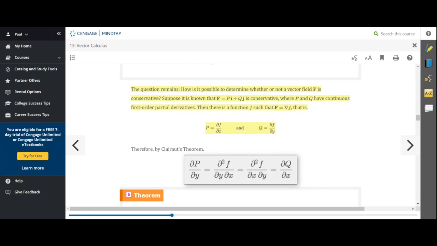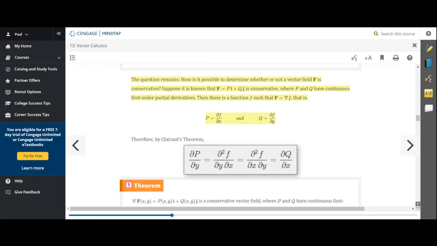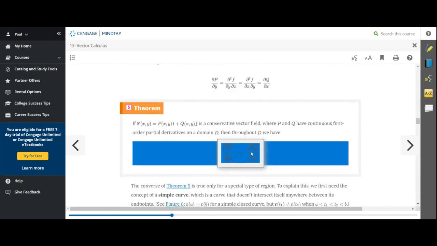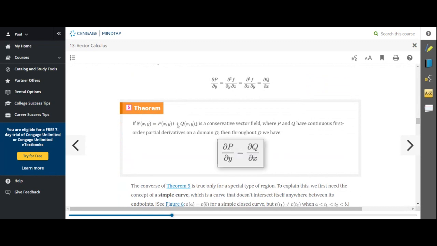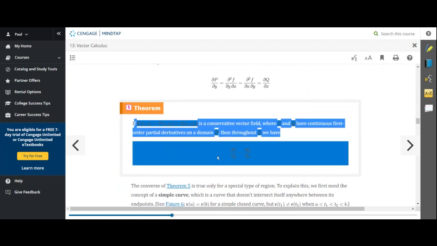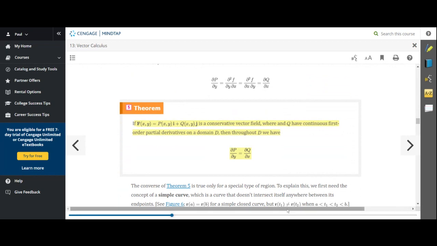So that means if you have a conservative vector field, the following theorem has to be true. Remember, this is for a two-dimensional vector field.